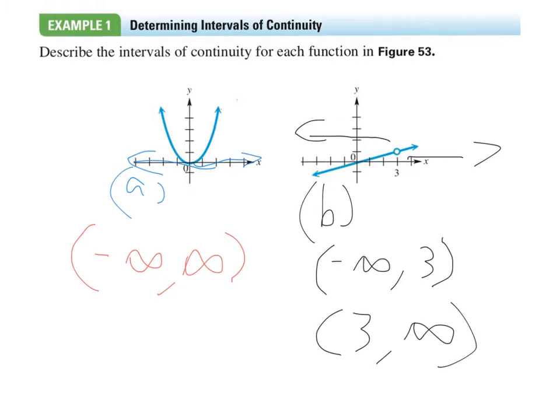Now let's talk about the graphs of some of the parent functions and where they're continuous and their domain and range and several other characteristics. Okay? We're going to start with the parent linear function, or your book refers to it as the identity function.